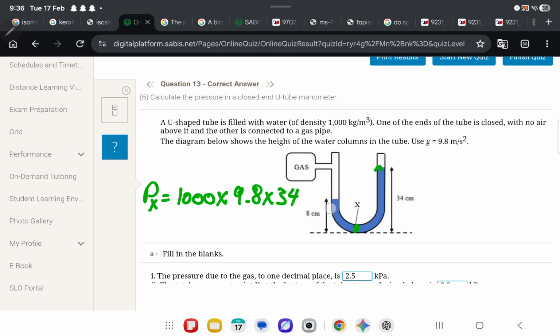So how much would this be? 1000 times 9.8 times 34. 333,200, I also messed up. This is 0.34 meters. It's always in meters. I keep forgetting that. It's 0.34. So 3332 Pascal. Change it. It would be 3.3 kilopascal.